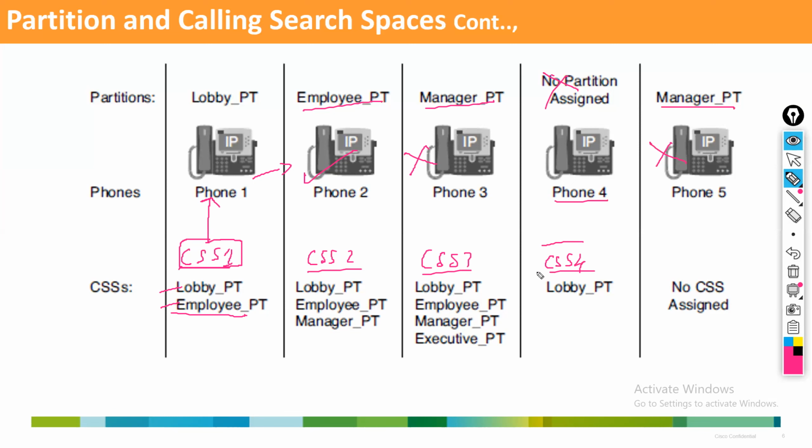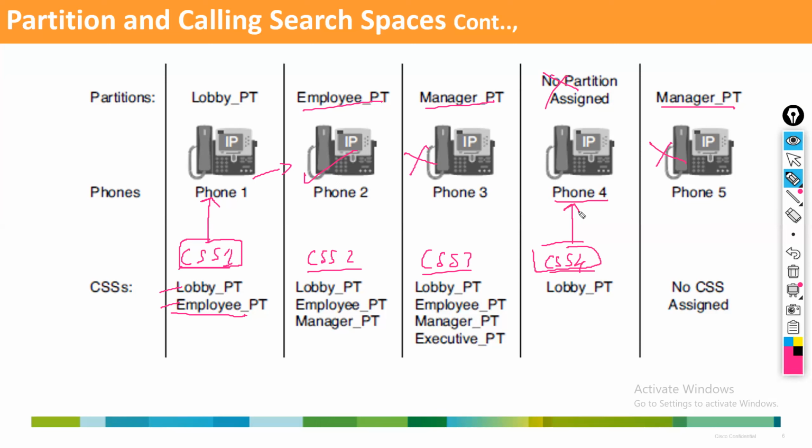CSS 4 is created and we have applied this CSS 4 to phone 4. You have to consider everything, partition and CSS. The CSS is created, but the partition is not created, so is it possible to call?